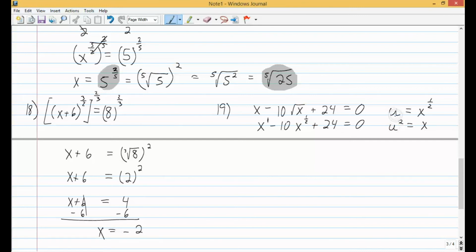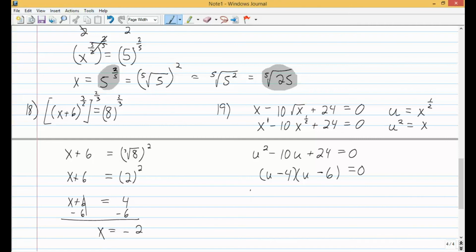And so if you make these substitutions in here, you have u squared minus 10u plus 24 equals 0. Now this is a quadratic. You can solve it by any way that you would solve a quadratic. I'm going to solve this by factoring, and this is going to factor into negative 4 and negative 6.